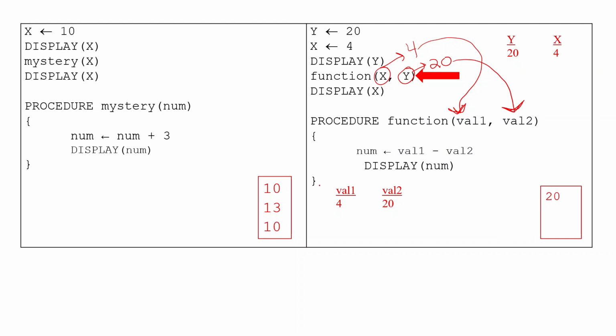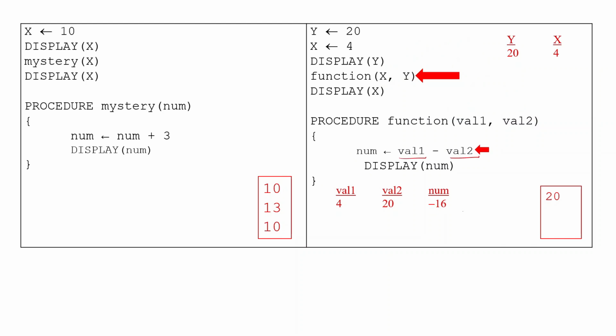And I have that displayed right down here as our little trace. So you pass the value. Again, there's no relationship between val 1 and X. There's no relationship between val 2 and Y. You pass the value. And then in this procedure, we're going to do something with val 1 and val 2. We're going to subtract them. So val 1 is 4, val 2 is 20.